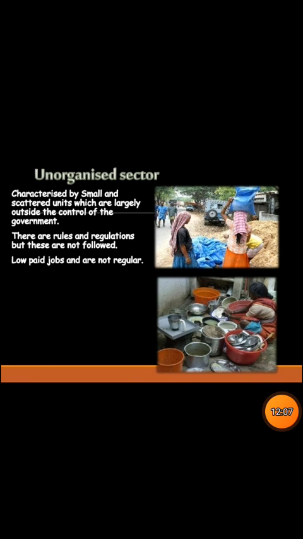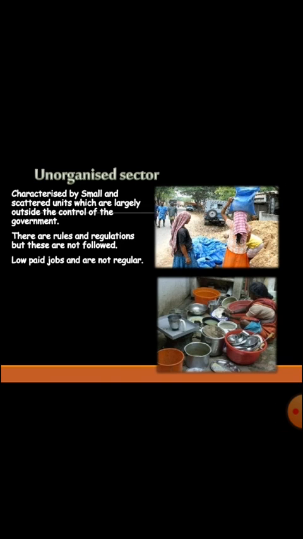While on the other hand, the unorganized sector is characterized by small and scattered units which are largely outside the control of the government, as we have said in the last slide. There are rules and regulations, but they are not followed, as the government does not have access to these jobs because of them being scattered and not registered.